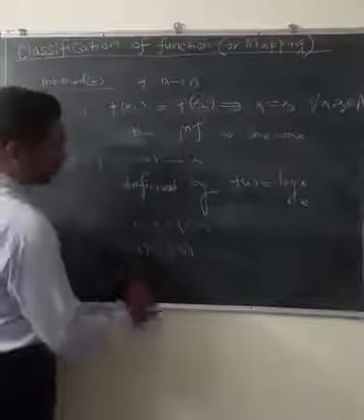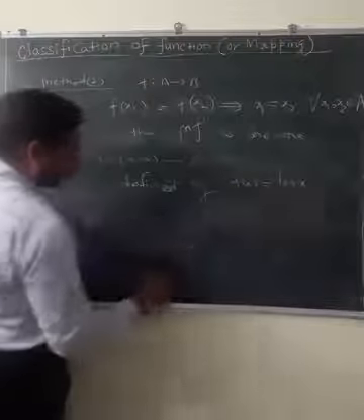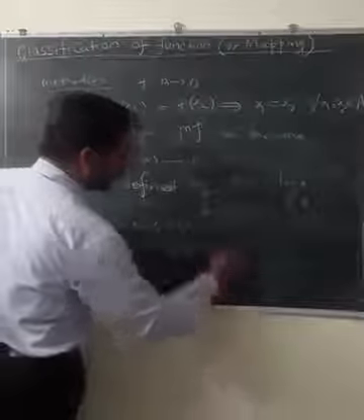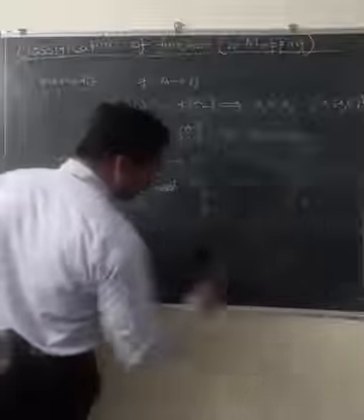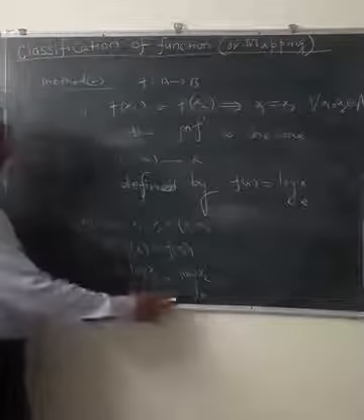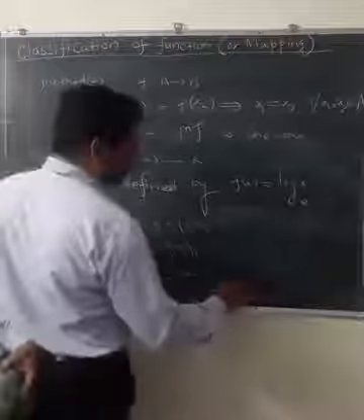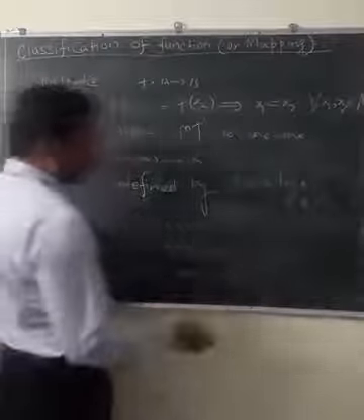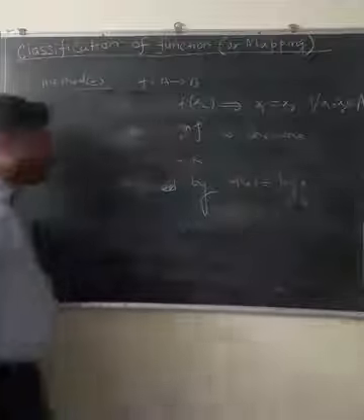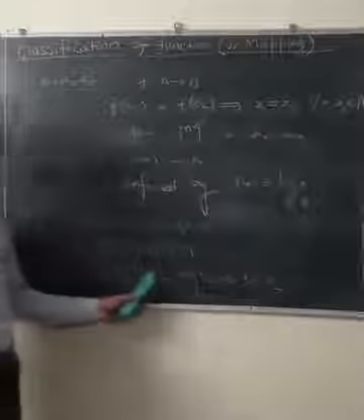So f(x1) is log x1 base e, equal to f(x2), which is log x2 base e. Since both sides have log with the same base, I can remove log from both sides. That means x1 is equal to x2.